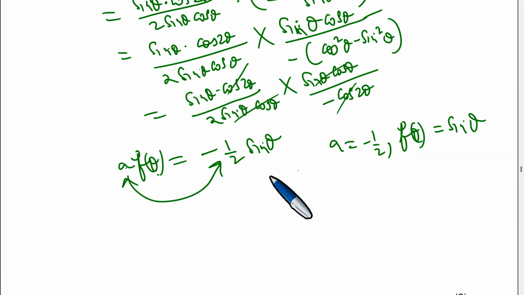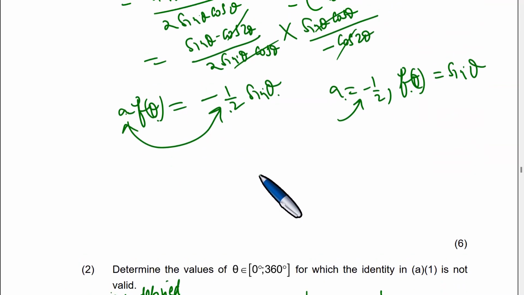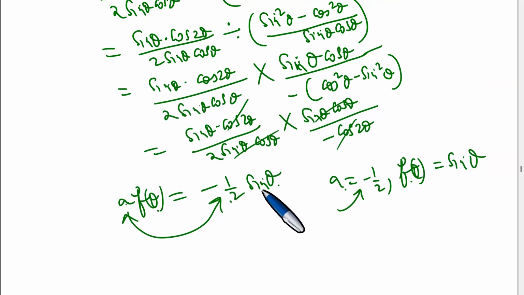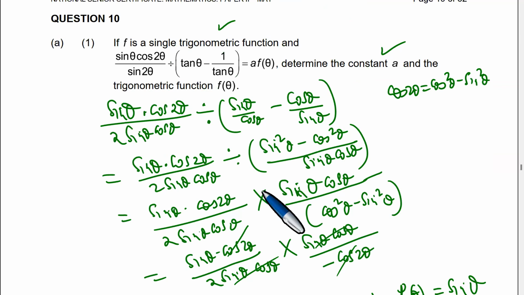So one possible value of A is 1/2. It is also possible to say A is minus 1/2 and f of theta is sine theta, because when you multiply A and f, you get minus 1/2 sine theta. So that is just one possibility, but there are multiple other possibilities. This was not a very good question from the examiner. It could potentially have multiple solutions at the end of the day.